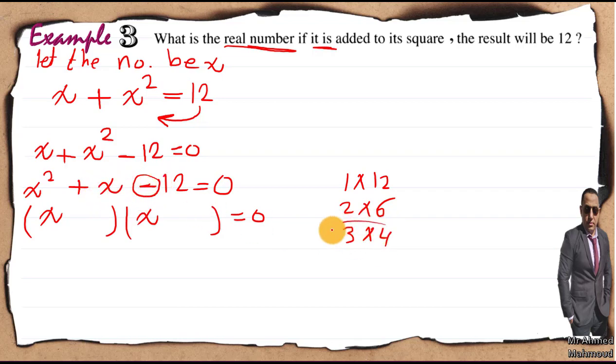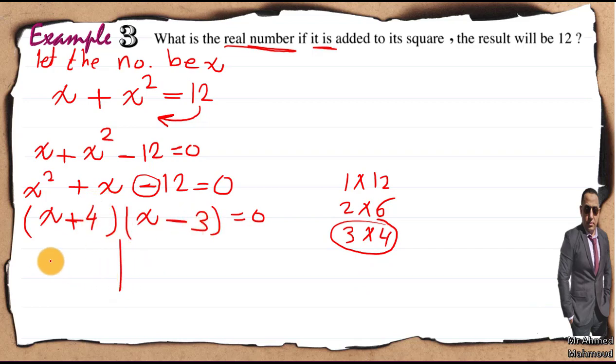So I'm going to choose 3 and 4. Because this is minus, I will write here two different signs, plus and minus, or minus and plus. Okay. The middle sign will take the bigger number. The bigger is 4, so 4 here and 3 here.